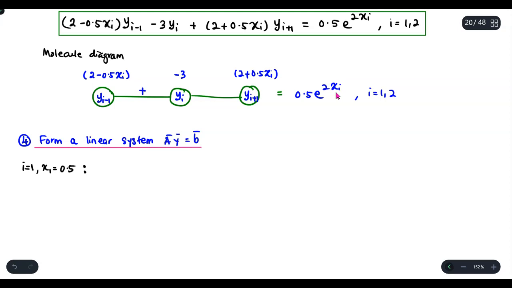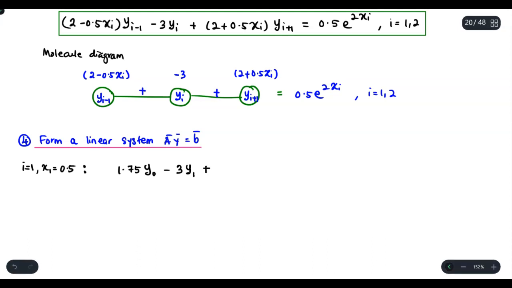Now what happens to your equation based on the molecule diagram? You put the coefficient first, so you do 2 minus 0.5 times 0.5 because your x1 here is 0.5. That will give you 1.75 y0. Minus 3 y1 in the middle, and the relation here is plus.